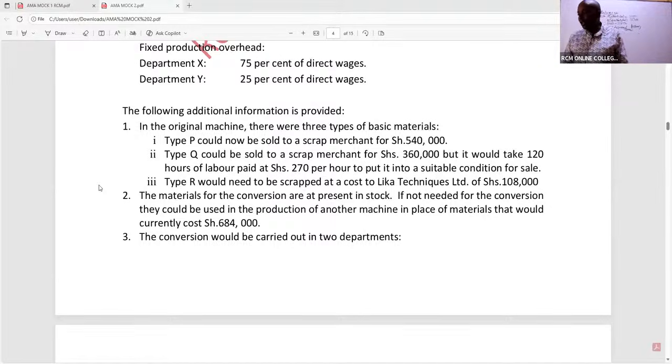The materials for the conversion are at present in stock, so that old figure becomes useless. If these materials will not be used for conversion, they have a job elsewhere. I would have used them to make this other machine, and these materials would have cost me 684,000.